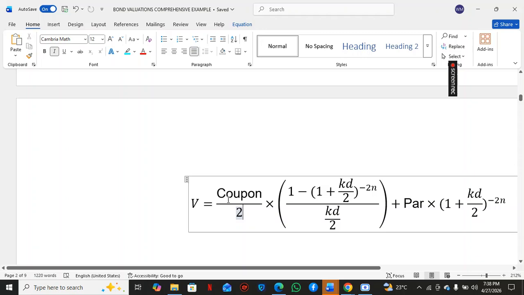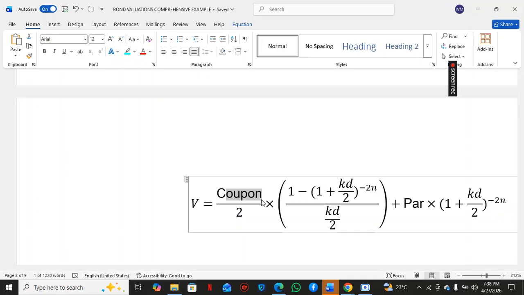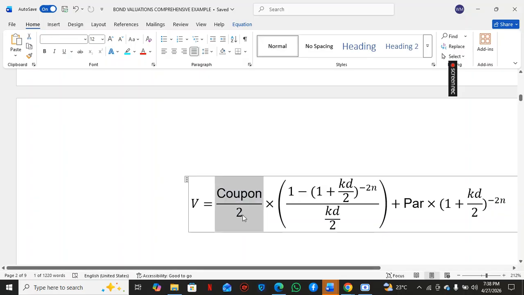So that 120 interest payment that you're going to be getting is now going to be split between 6 months. That's why we're dividing the coupon by two. Remember that 120 coupon payment which was given? You need to divide it by two.